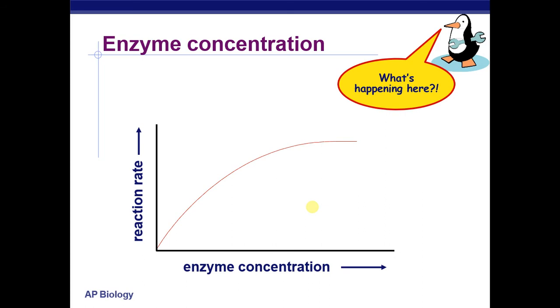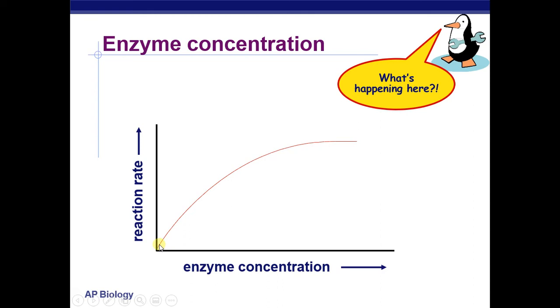So enzyme concentration. If we plot the reaction rate, how fast the reaction the enzyme is participating in goes, on the y-axis, and the concentration on the x-axis, you can see this almost logistic curve like this.